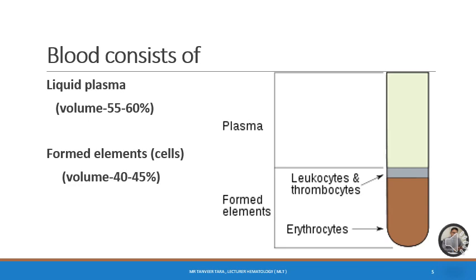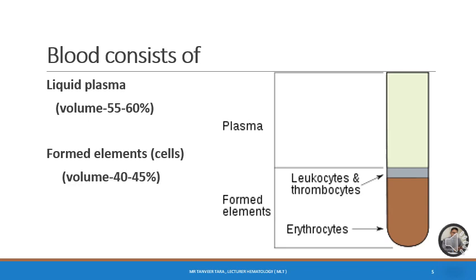So plasma may be defined as a fairly complex mixture of protein, electrolytes, and other chemical compounds which are dissolved in water. And the most obvious component of plasma is water, which is about 91% of the plasma.